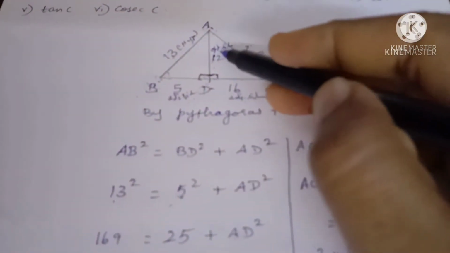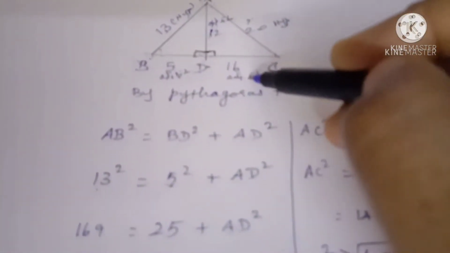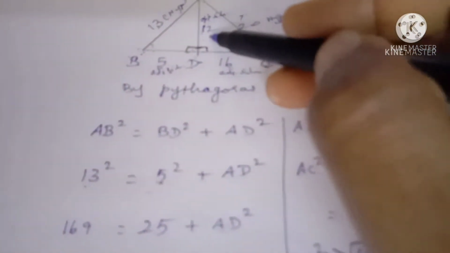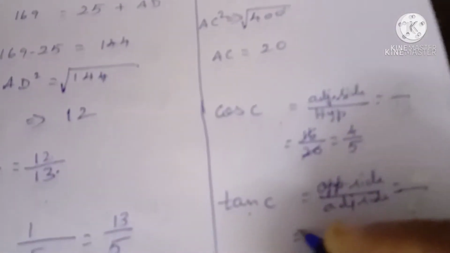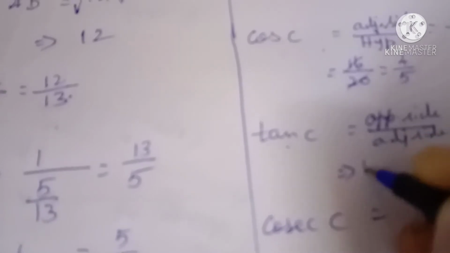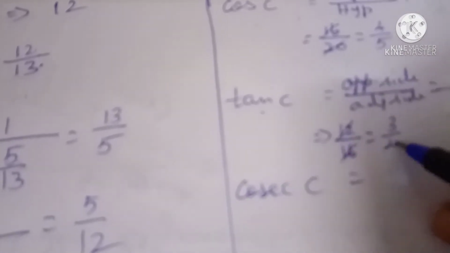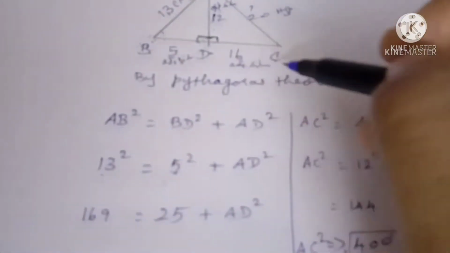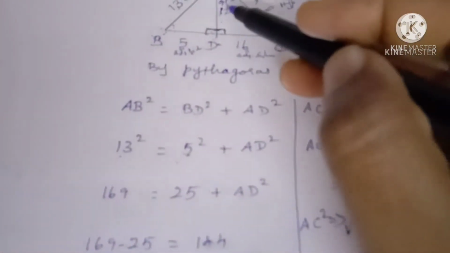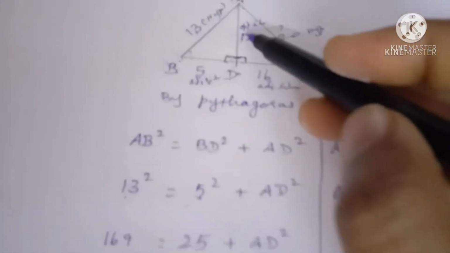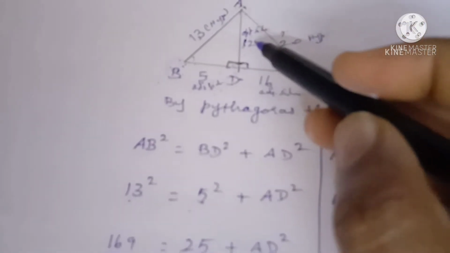Next one is tan C. Tan C is opposite side by adjacent side. The opposite side is 12, the adjacent side is 16. Therefore 12 by 16. 12 by 16 is divisible by the 4 table. 4 3s are 12, 4 4s are 16. Then cosec C. Cosec C is the reciprocal of the sine.